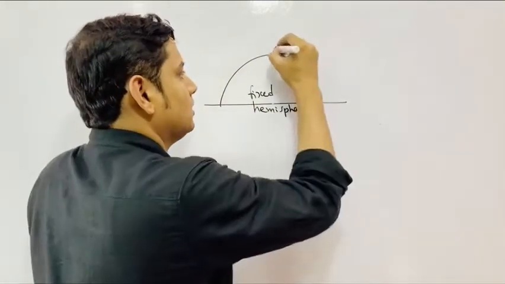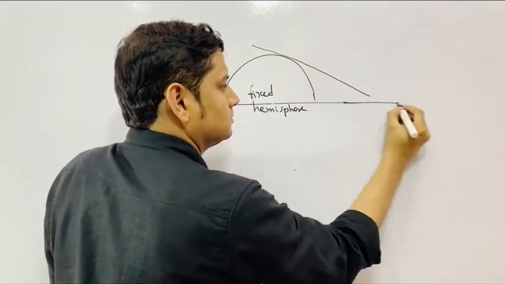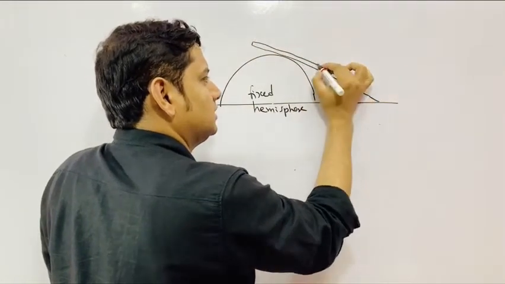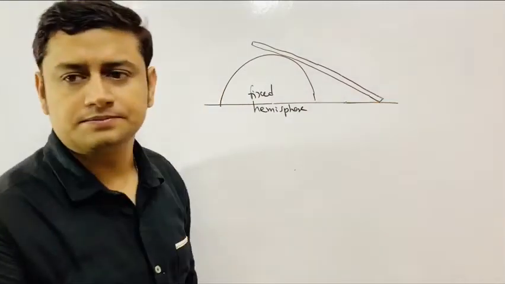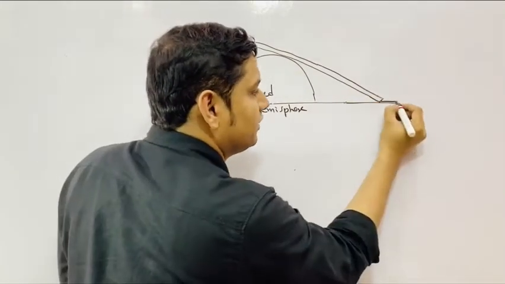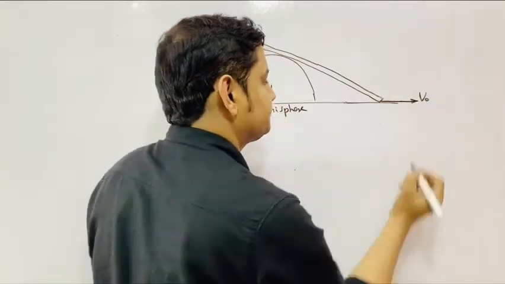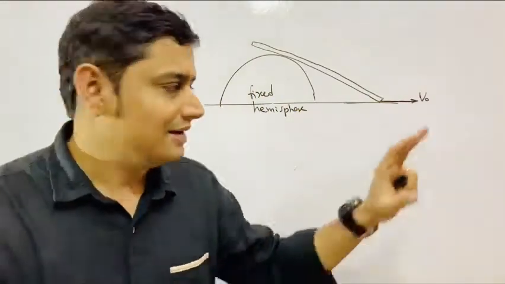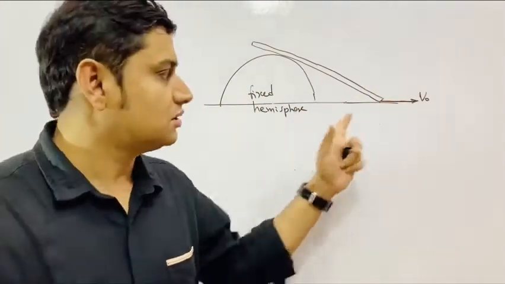And here there is a rod, and this end is going with speed V0. Some geometry is given, some angles are given in the proper way. You have to find the angular velocity of this rod.